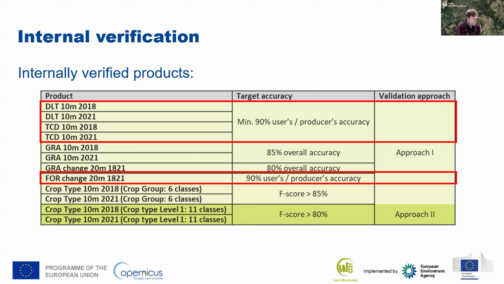And the products that are internally verified by this independent team are the DLT product for 2018 and 2021, as well as the TCT for 2018 and 2021, and the forest change product. All these forest products need to meet the target accuracies of 90% in the user's and producer's accuracy.